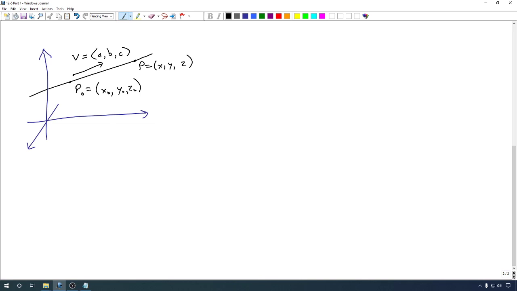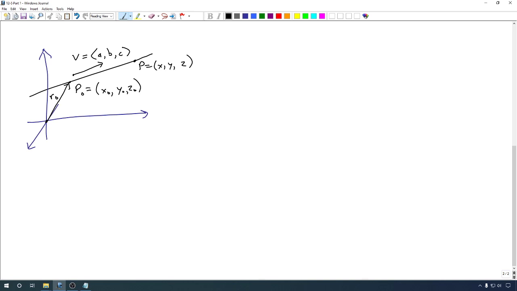How are we going to talk about that point? Well, the very first idea is to turn P naught and P into vectors. We're going to think of a vector starting at the origin that ends at our points. So we have a vector here. I'm going to call that r naught.